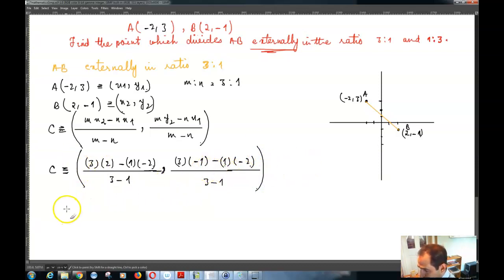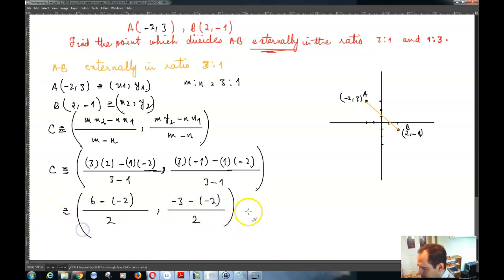So what that means is that your point will be 6 minus -2 over 3 minus 1, which is 8 divided by 2, which is equal to 4. And over here you have -3 minus -2 over 2, which is -3 plus 2, which is -1, so -1 half.